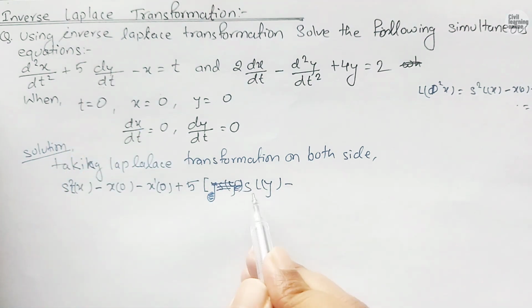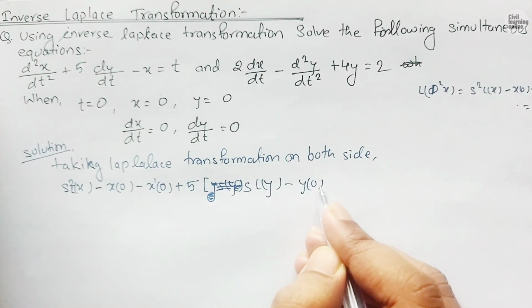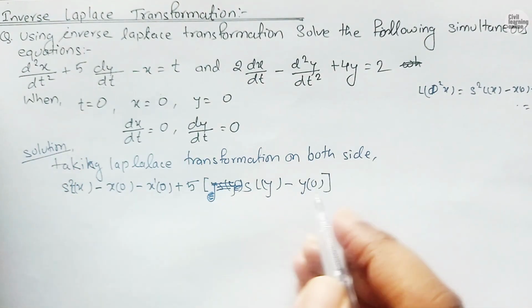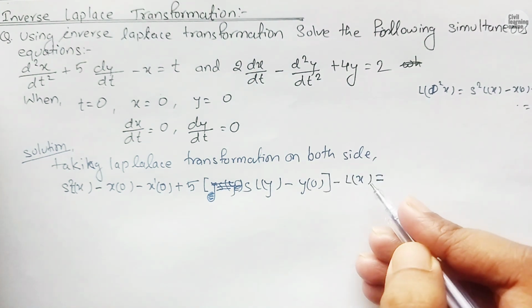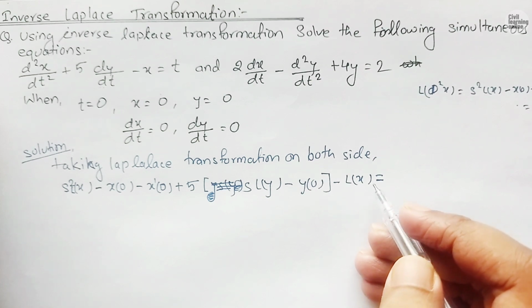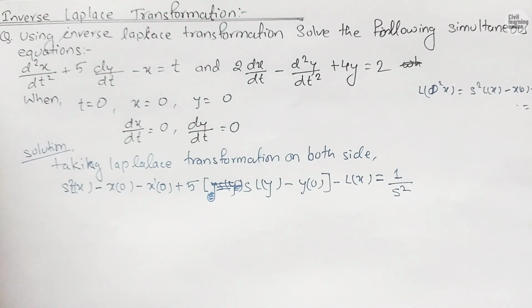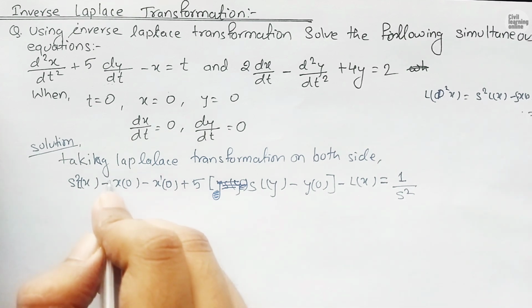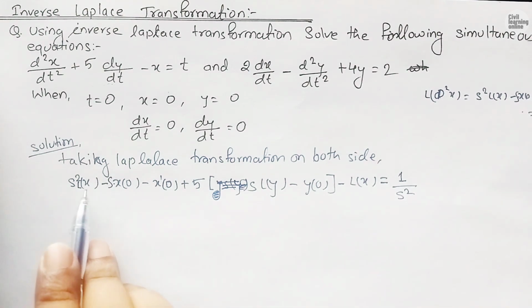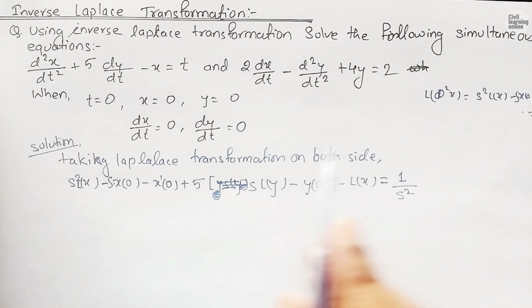Similarly, minus x means Laplace transformation of x, equals Laplace transformation of t. So Laplace transformation of t is 1 upon s square. Here what happens is the power of s increases and the power of x0 gets differentiated each time.